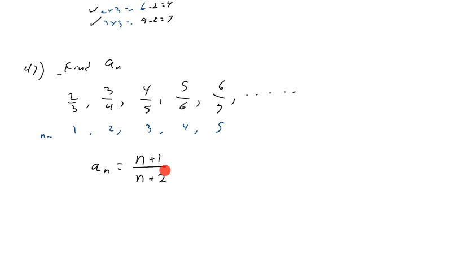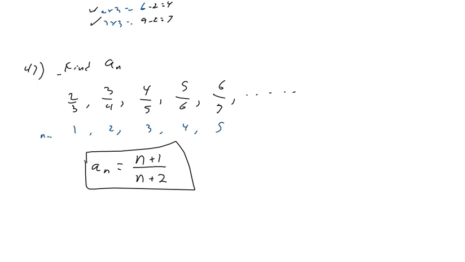Tricky, tricky. Just look at them independently. If you think of the top pattern all on its own, all these numbers are just whatever the n is plus 1. And the bottom numbers are all the n's plus 2. And so we just put that as a fraction. Very, very interesting.